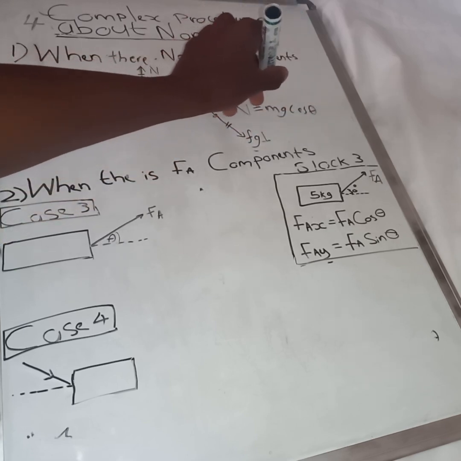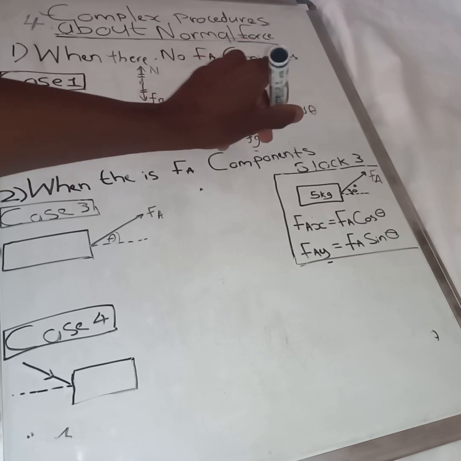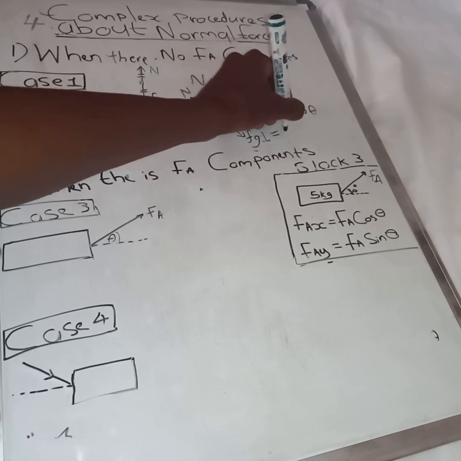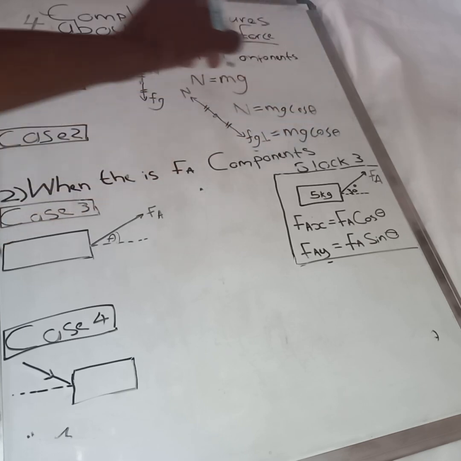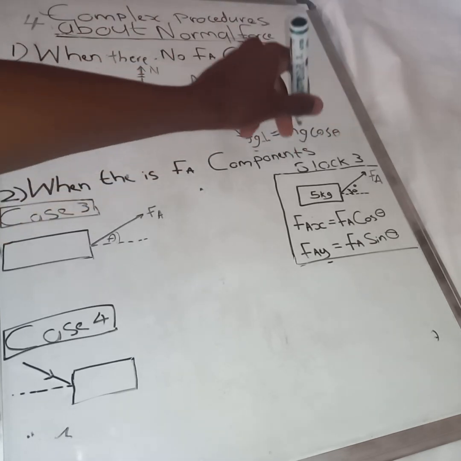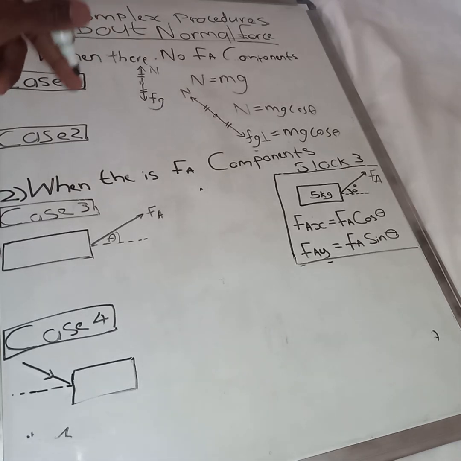The reason why normal force is equal to mg cos theta is because the formula for Fg perpendicular is mg cos theta. So normal force is going to take this formula for Fg perpendicular. Case 1 and case 2 are easy.